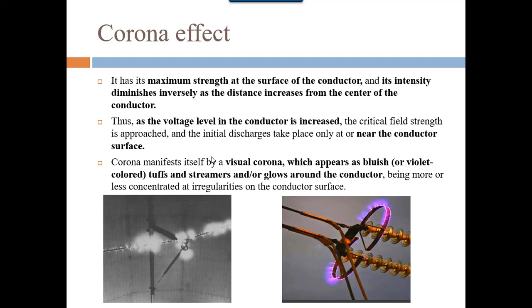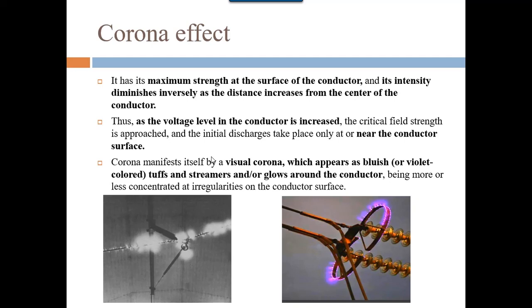That means this ionization process is usually near or around the conductor. When the distance increases, this ionization process decreases. Thus, as the voltage level in the conductor is increased, the critical field strength is approached, and the initial discharge takes place only near the surface of the conductor.